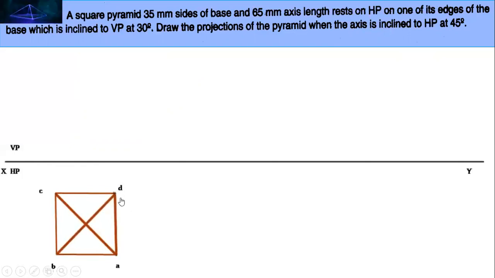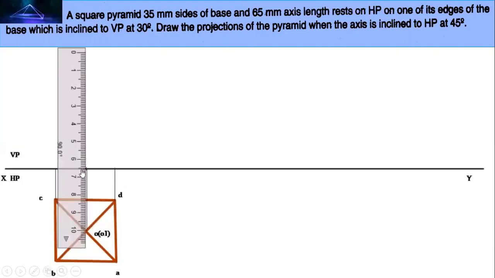So represent the square using a visible line and join the corners because the apex is visible to you when you are viewing from the top. So O is visible and O1, which is the center of the square base, that will be hidden, is written within the bracket. So the axis height is equal to 65 mm.